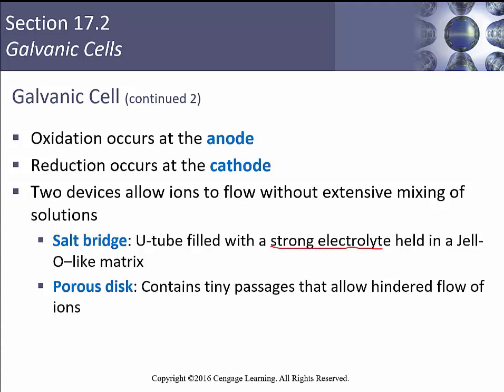The key being that it's going to be a strong electrolyte. You don't want it to run out of charges. Or it could be a porous disc where the things are physically able to migrate from one side to another. Batteries actually use paper that is soaked in an electrolyte as the salt bridge, where the ions can transfer.